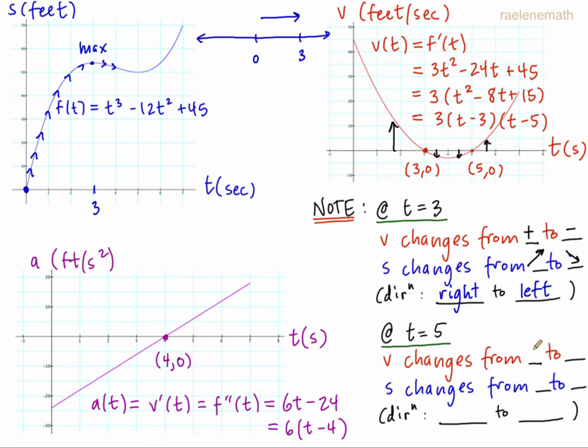So the velocity changes from a negative quantity to a positive quantity, and meanwhile, the position is changing from decreasing to increasing, which means that the direction is changing from left to right. And so at time equal to 5, the particle is going to have another change of direction. The particle is decreasing, and then after 5, the particle's position is increasing.